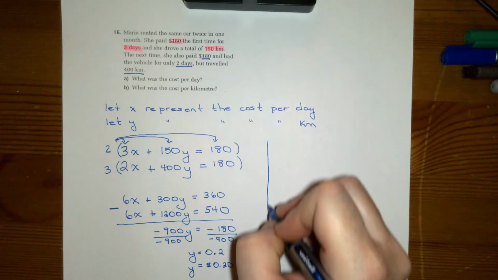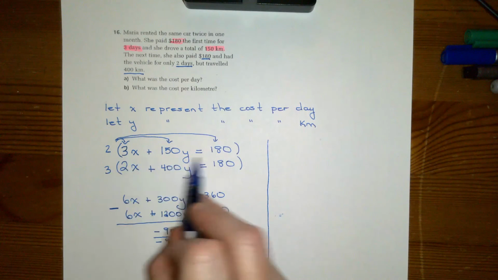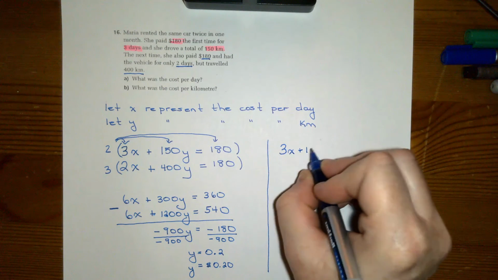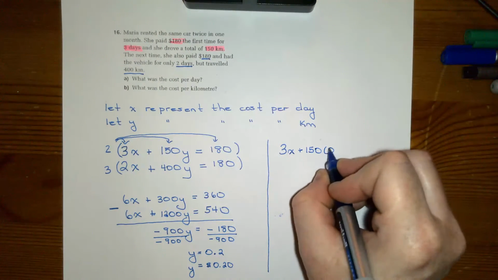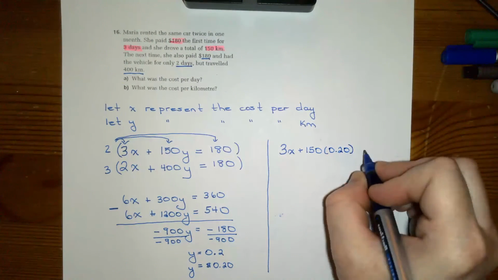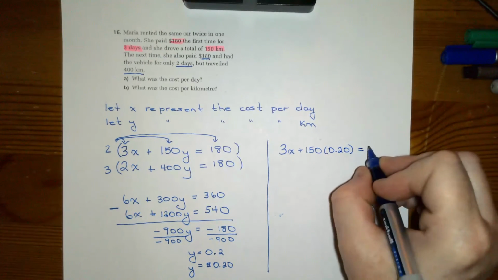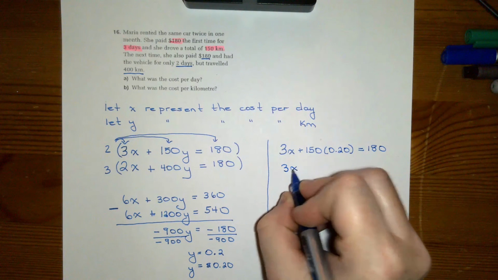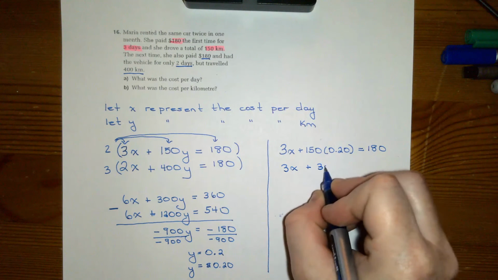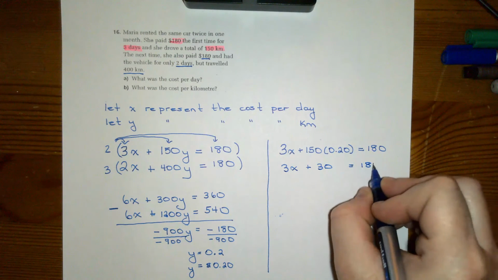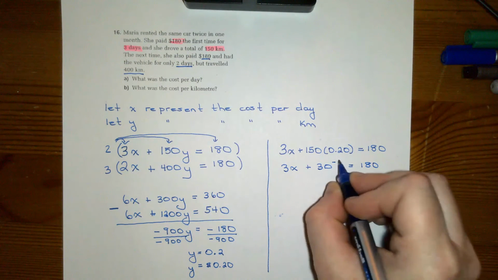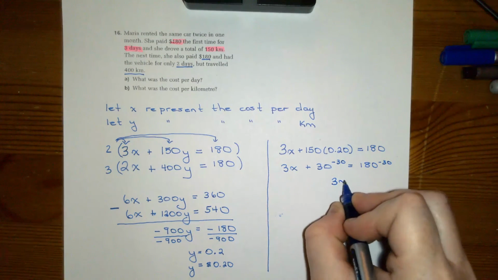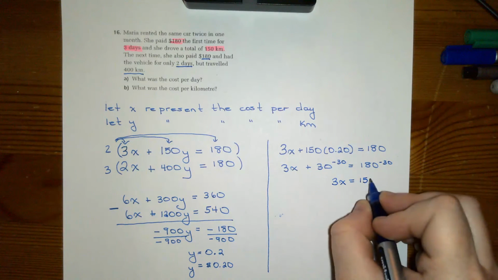So I can go ahead and substitute that 20 cents back into one of these equations. So I have 3x plus 150 times 0.2 is equal to 180. So 3x plus 30 is equal to 180. Now I'm going to subtract 30 from both sides. So 3x is equal to 150.